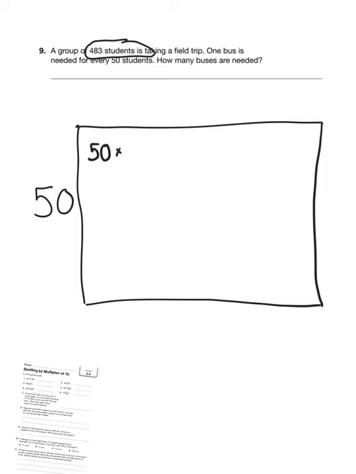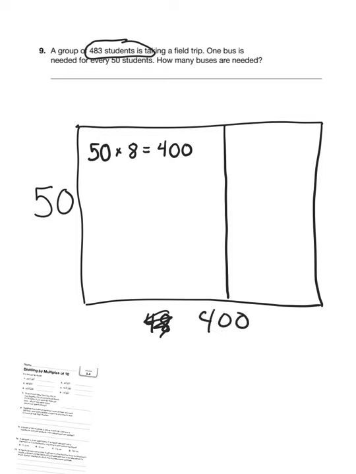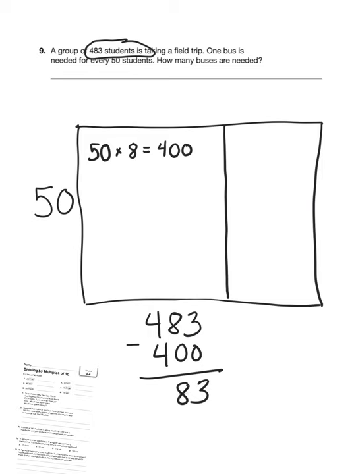So 50 students times, let's see, if we do 8 buses, 50 students times 8 buses, that would be 400 students that are on those 8 buses. So that means that 83 students still need to get on a bus.